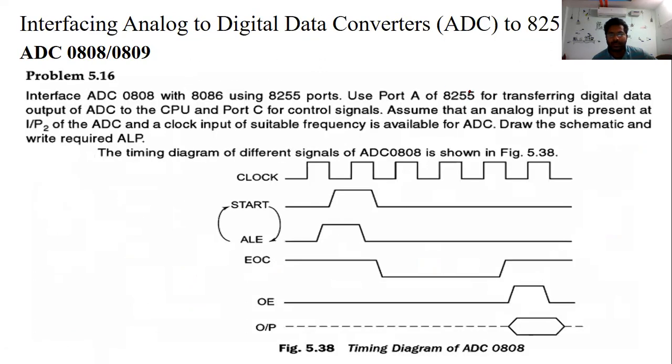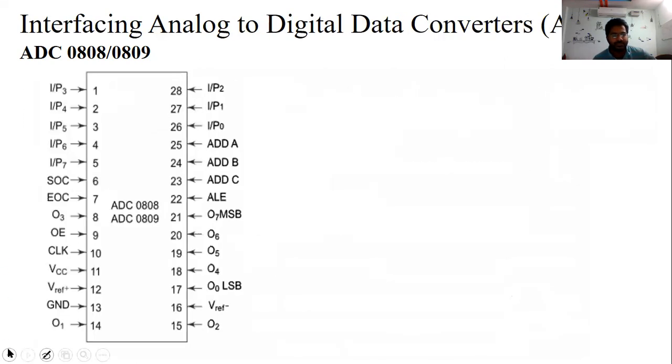I think in the problem they can also take IP2. In the problem, they assume that an input is connected to IP2. So see this: these are the inputs, and 8 input signals are there, 8 input signals you are going to connect.